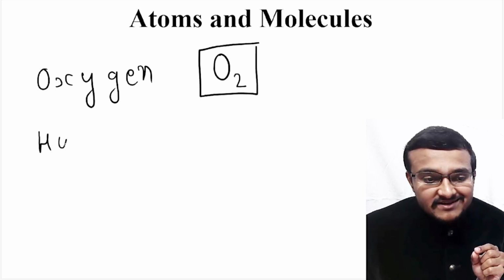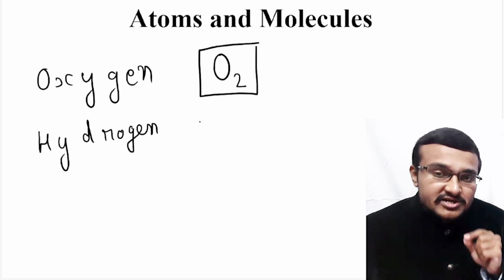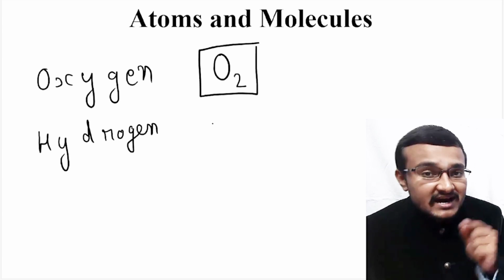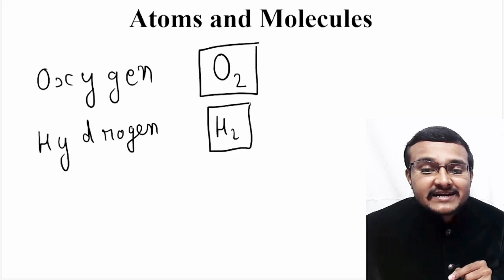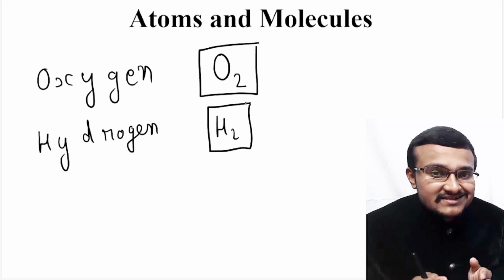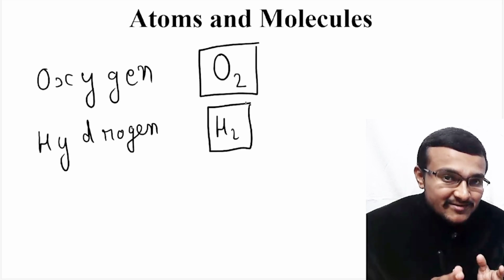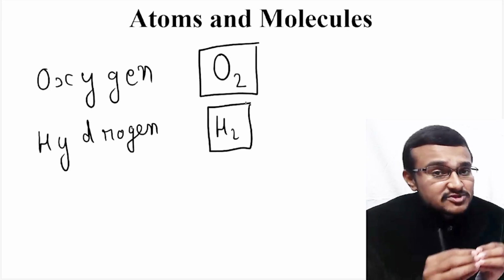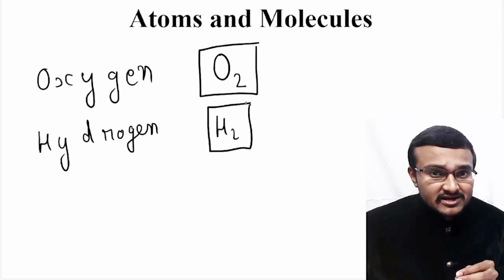Similarly, if I consider hydrogen, even hydrogen cannot exist as a single atom. Hydrogen will combine with another hydrogen atom to form H2, that is a hydrogen molecule. Like this, atoms will combine together to form a molecule, or atoms of different elements can also combine together to form one particular molecule.